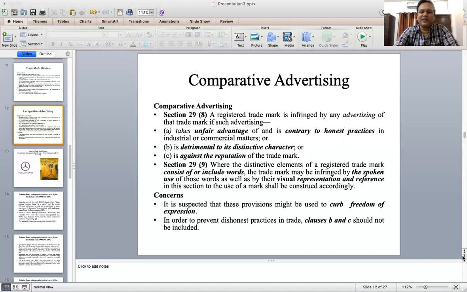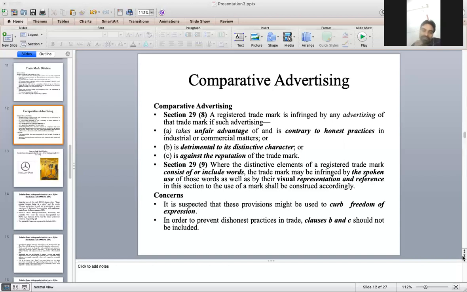Even if you are not taking that advantage, but it is detrimental to the distinctive character, then it would qualify for the comparative advertising clause. And the third one, because the alternative is mentioned everywhere, is that it is detrimental to its distinctive character or is against the reputation of the trademark.